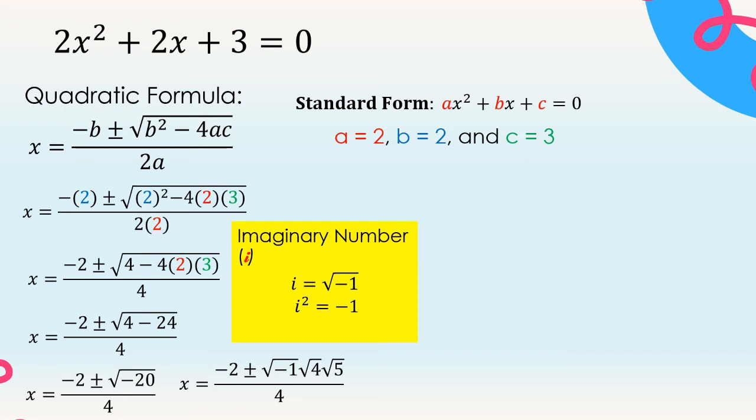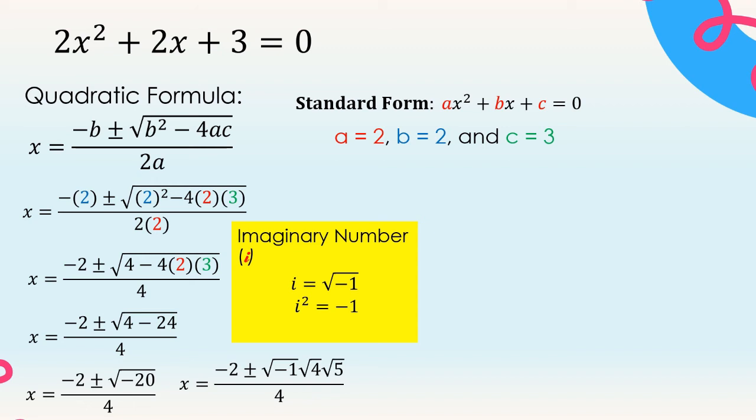And then we're going to find a perfect square factor of 20. So now we have x is equal to negative 2, positive and negative, the square root of negative 1, which is eventually equal to i, multiplied by the square root of 4, which is a positive integer, with square root of 5.